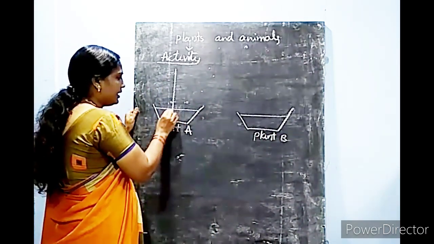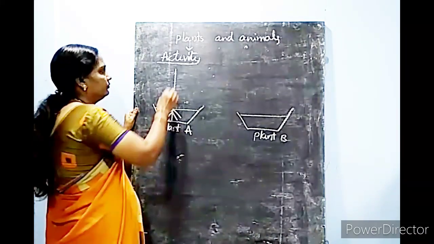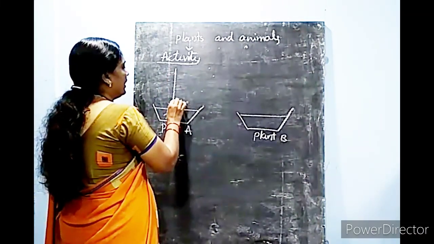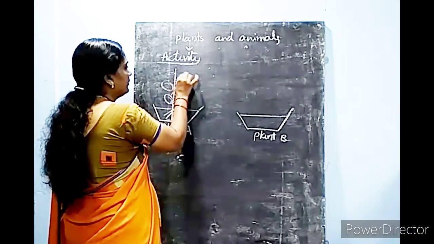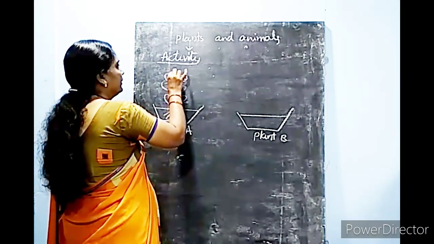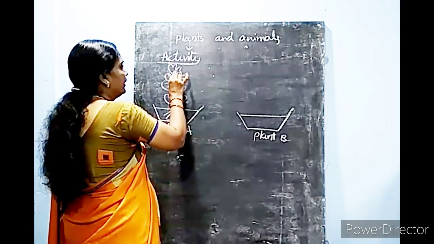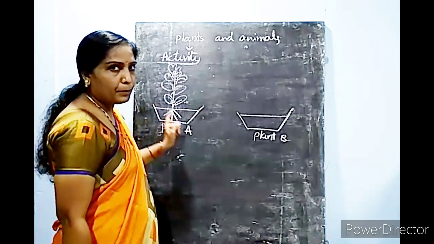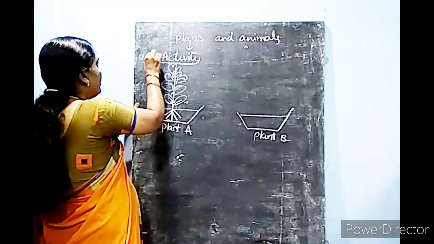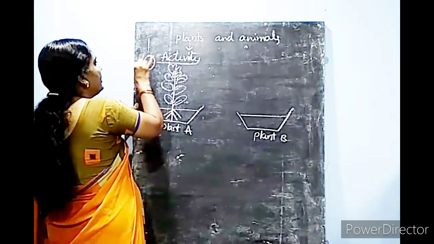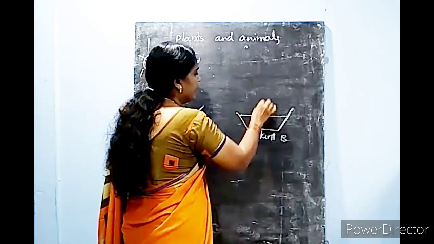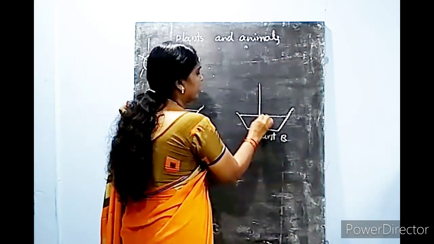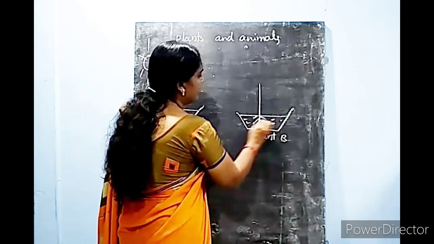In plant A, I watered the plant regularly and I did not pluck any leaves from plant A. Availability of sunlight is there. Even in plant B, I watered every day.